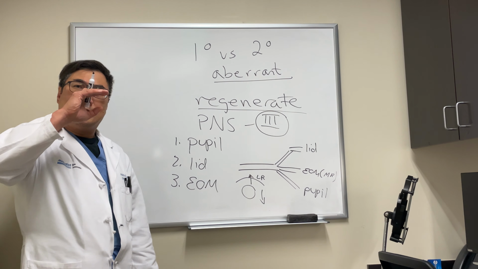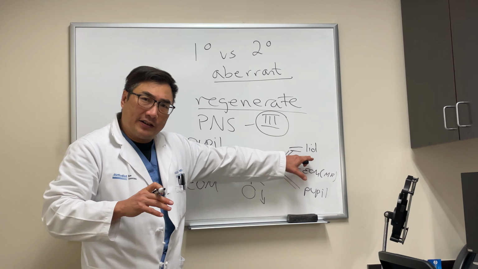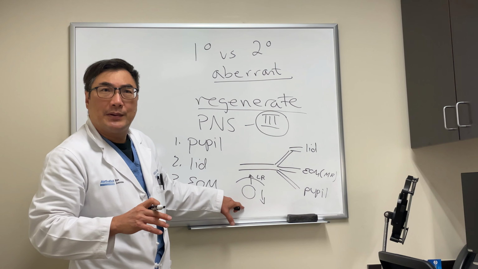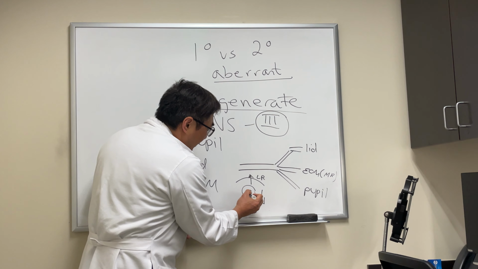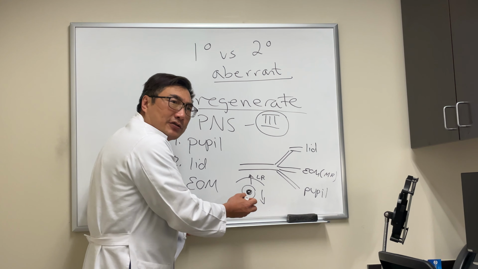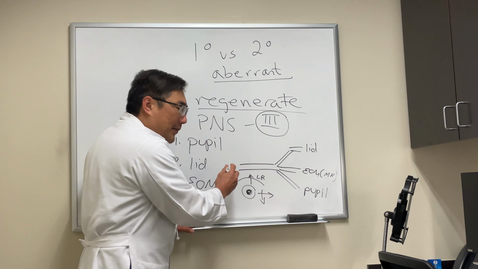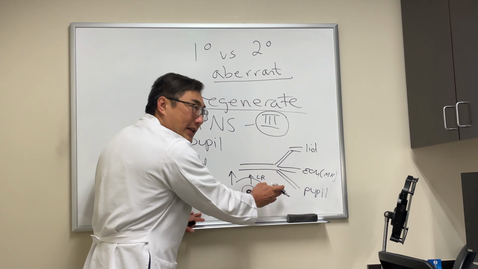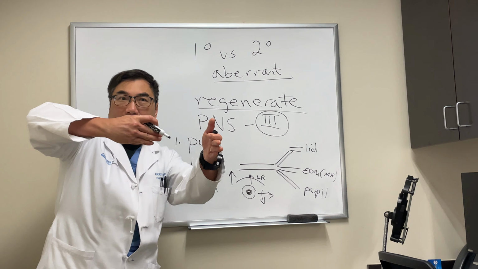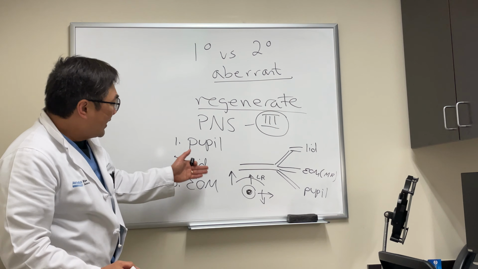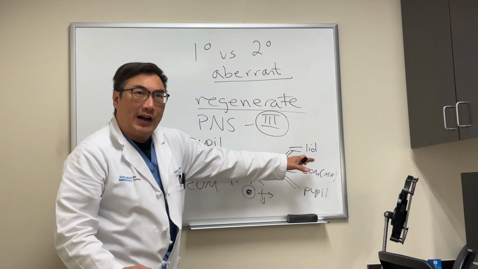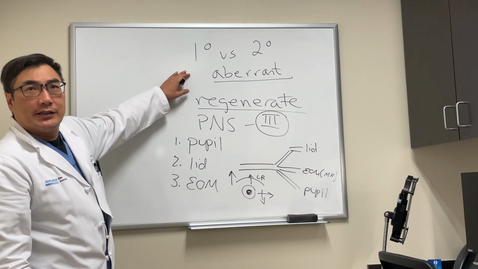So lid retraction in down gaze: the levator is firing when your inferior rectus muscle is supposed to fire. Or the pupil constricts when you look down, or the pupil constricts when you look in, or you're trying to look up by activating the superior rectus muscle, but the medial rectus fires instead, and so your eye adducts like this. Any combination of wrong muscle firing is aberrant regeneration.